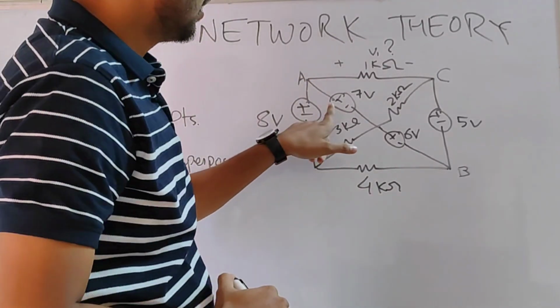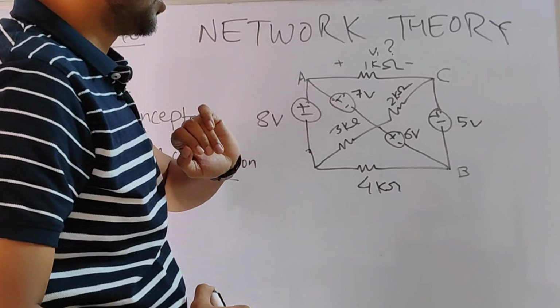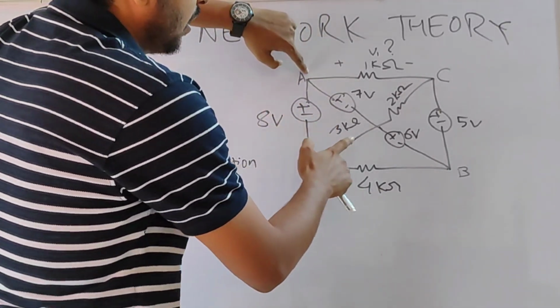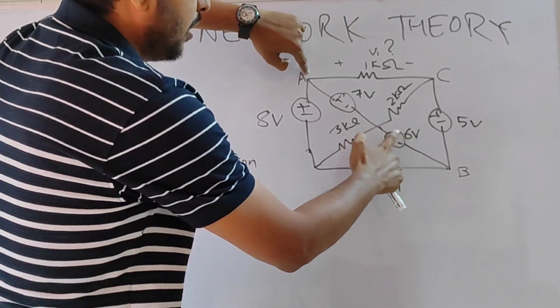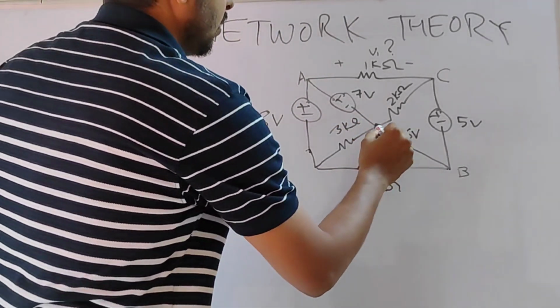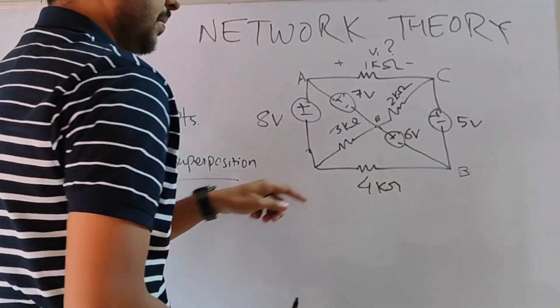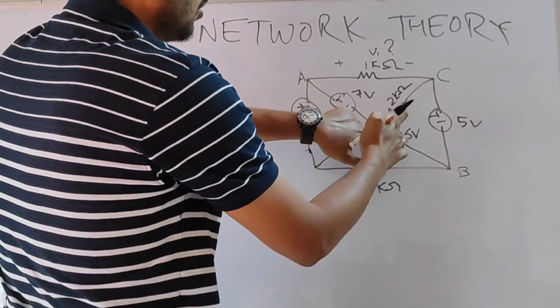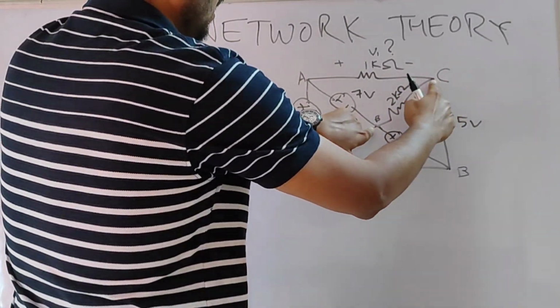Now assume that there is only this 7 volt source. If this 7 volt source is there and the 6 volt is not there, then this will also be shorted, so this will also become point B. The 5 volt source is not there either, so this is also shorted.